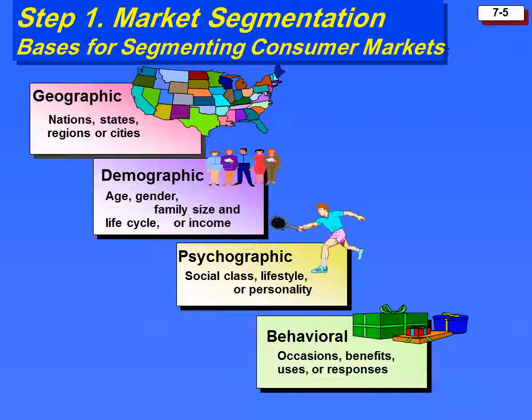The second base is demographic segmentation, by age, gender, family size, lifestyle, or income. And then psychographic segmentation, on the basis of social class, lifestyle, or personality, and behavioral segmentation, which includes occasions, benefits, uses, or responses.